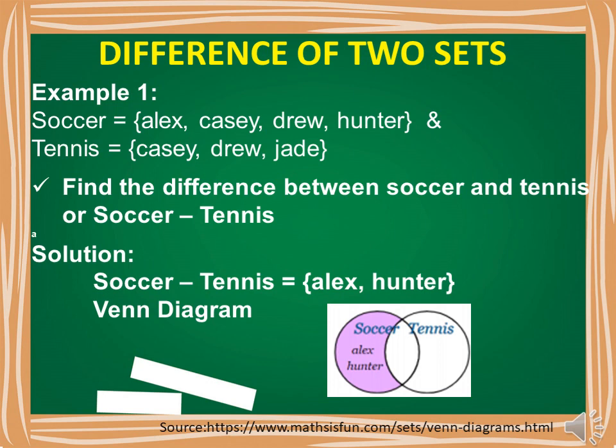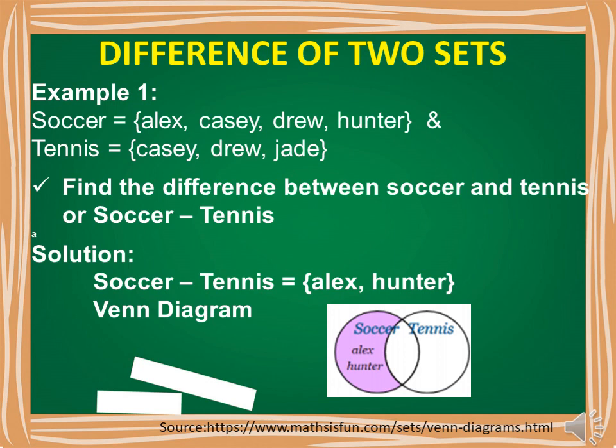So we're going to compare the elements for soccer and tennis, and we're going to eliminate the elements in the soccer set against the tennis set. So solution, soccer minus tennis, the answer is Alex and Hunter.